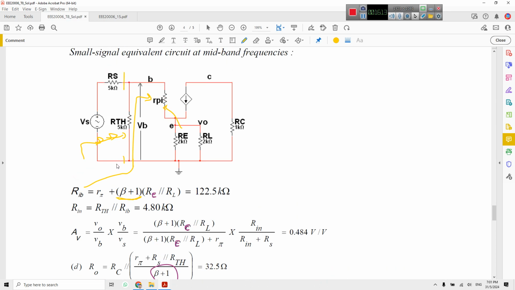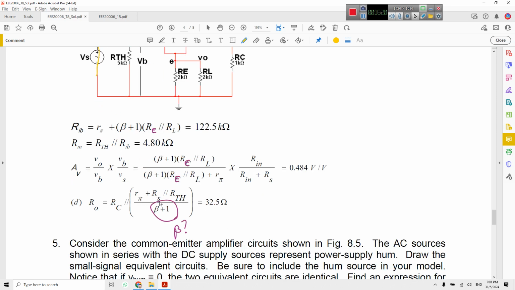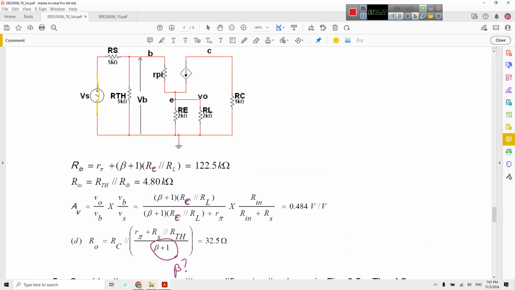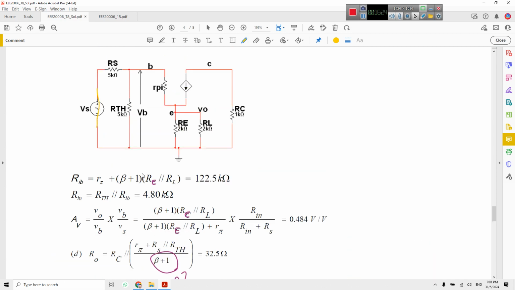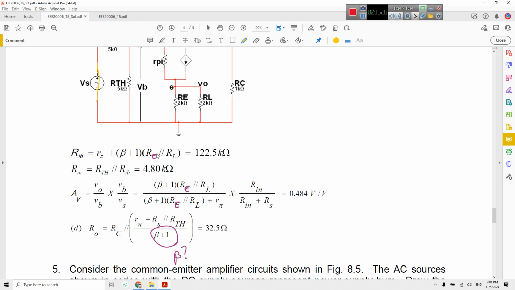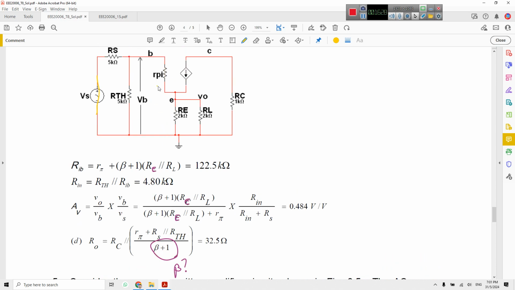So for this analysis, you have to consider this one as a short circuit. So these two are connected in parallel, correct? Plus R pi, still correct. Then we are going to send this one to RC.